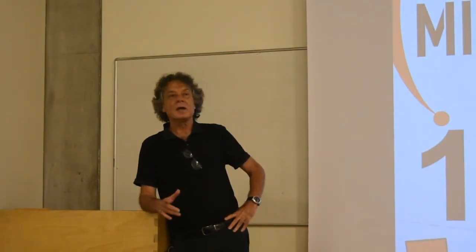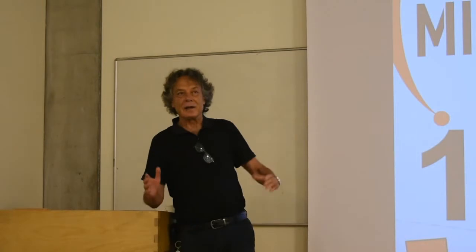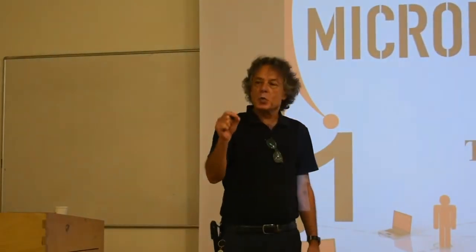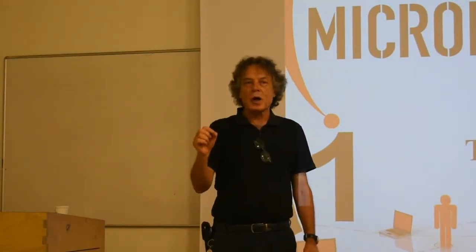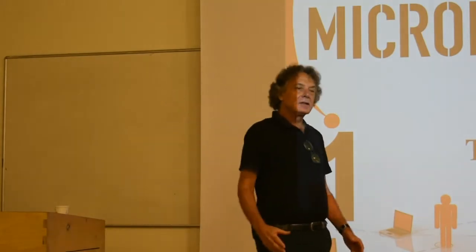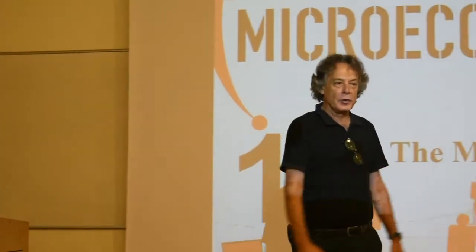A lot of players in the economy. We are going to focus on each one of the players, and then try to aggregate them. Once everything is aggregated, you move to macroeconomics.